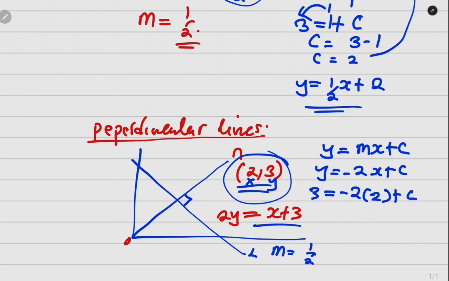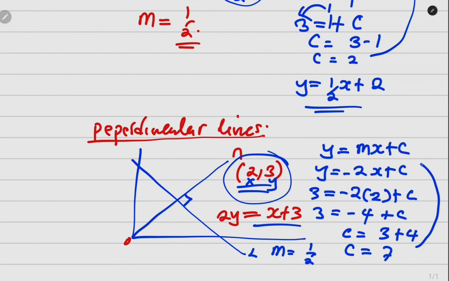We want to find c. This is -4, so 3 equals -4 plus c. c equals 3 plus 4, so c equals 7. We are going to replace it in this one. And what are we going to have as the equation? We are going to have y equals -2x plus 7. This is the equation.